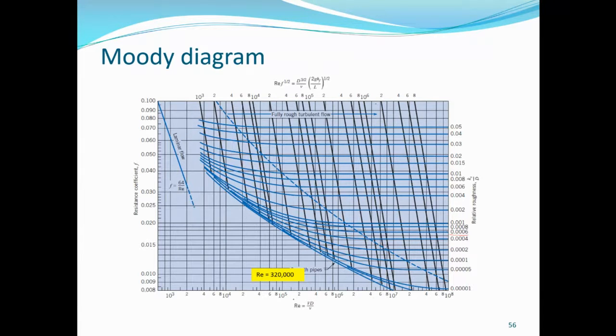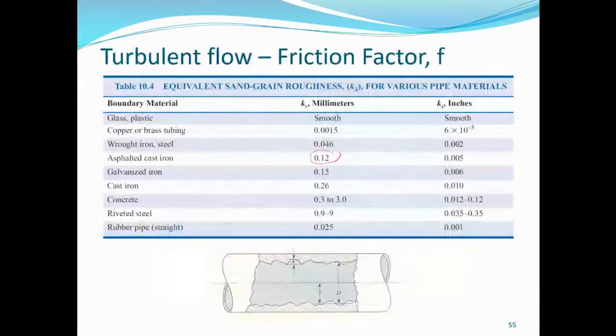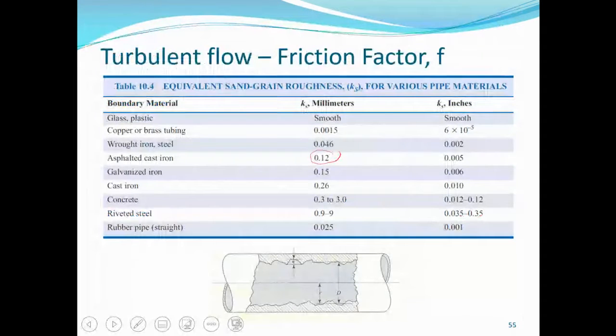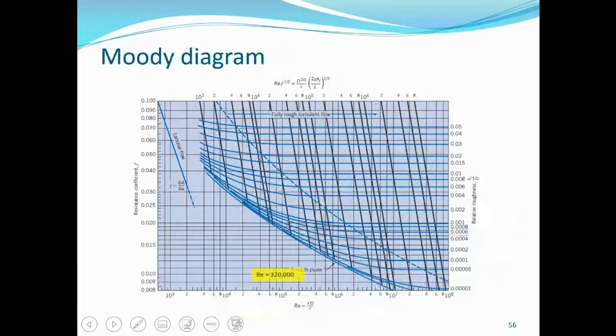Then the Reynolds number 3.18 times 10 to the power of 5, so 3 will be somewhere here. You can see 3.18, and then this is Ks over D, 0.006.